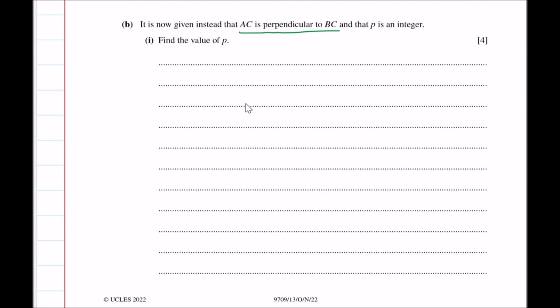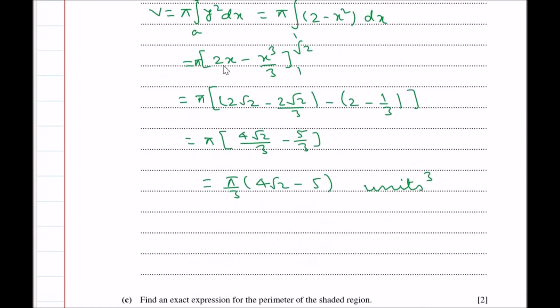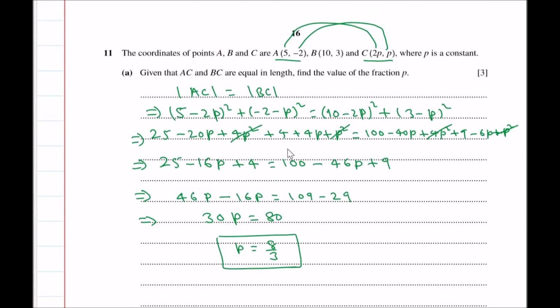Let us find gradient of AC. So I'll be writing here M AC. We know the formula y2 minus y1 divided by x2 minus x1. So let us do AC. We are doing for AC. So A is (5, -2) and C is (2p, p).